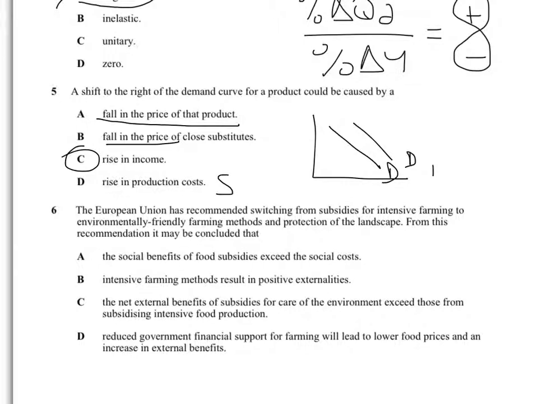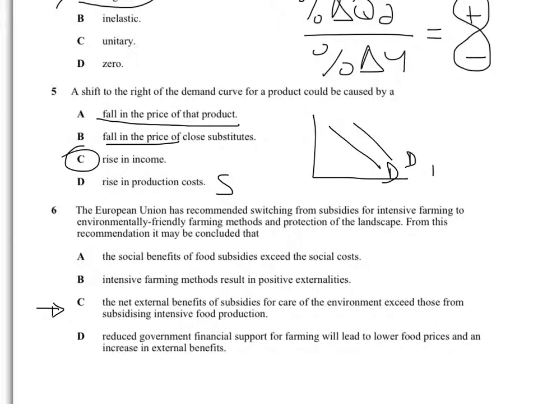6 is one of those questions that students usually get wrong just because of the number of words involved. Stay focused, read it carefully. There's usually a simple solution. It's a switch in subsidies from intensive farming to environmental protection. The only one that really explains that clearly is this idea of an increase in benefit by switching from one to the other.